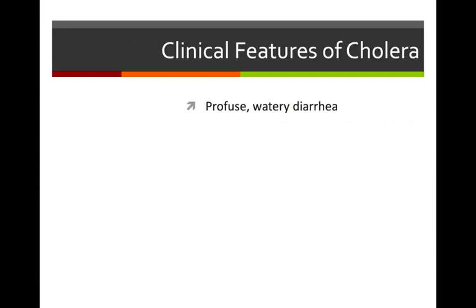So the clinical features of cholera, it's all about poop today. Profuse, watery diarrhea. It's sometimes called rice water stool, and spoiler alert, I am going to show you a picture. A patient will pass anywhere from 3 to 5 gallons per day.